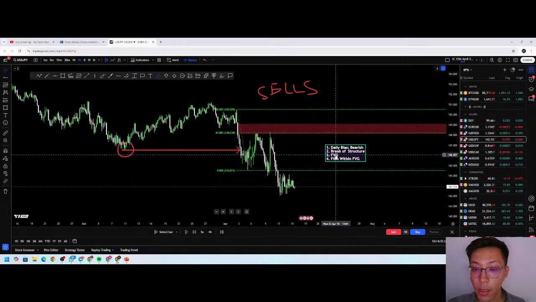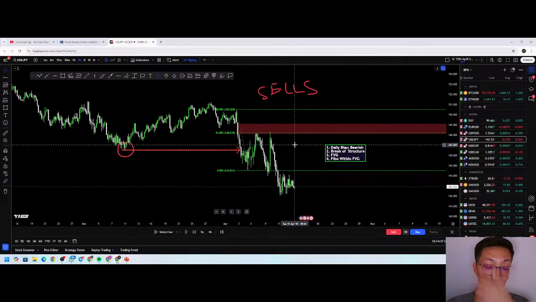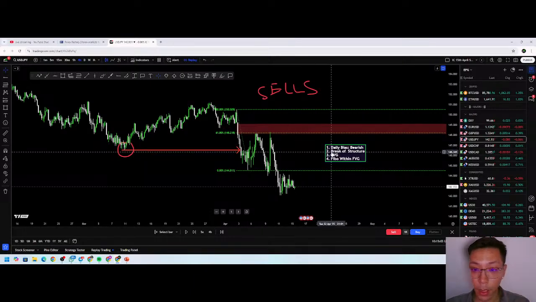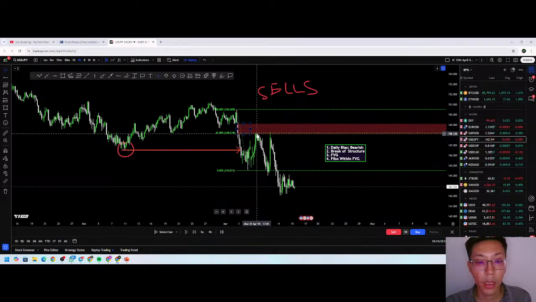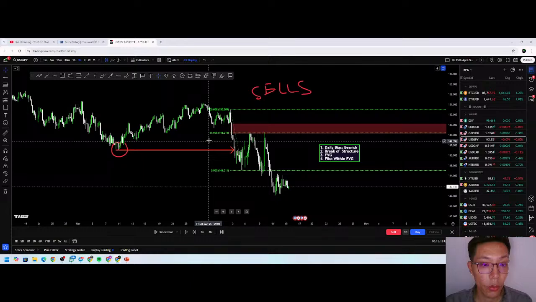Then the next thing is FIBO within FVG. Ideally, what we want to see is 61.8% or 71%, right? Usually for me, I usually use the 71%, but in this case, I realize price actually reacted off this 61.8% FIBO retracement level, so we can use this. And then how you should target.